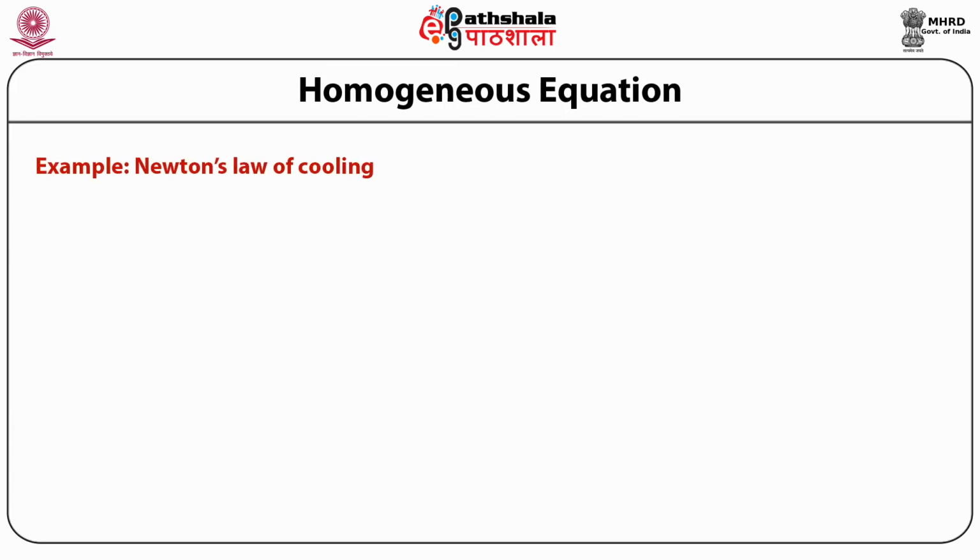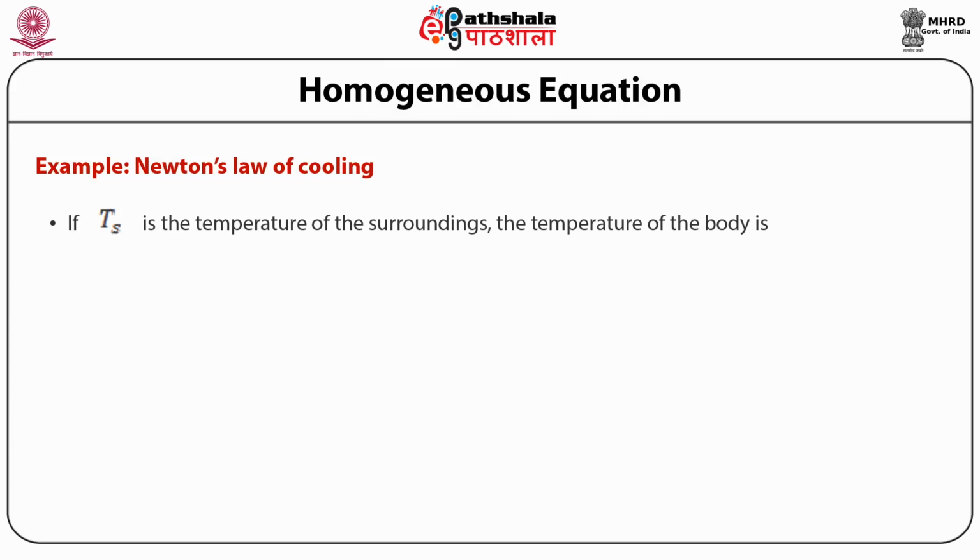Now, the examples of linear homogeneous equations include Newton's law of cooling. According to Newton's law of cooling, under certain ideal circumstances, a body cools at a rate proportional to the difference between the temperature of the body and that of the surroundings.